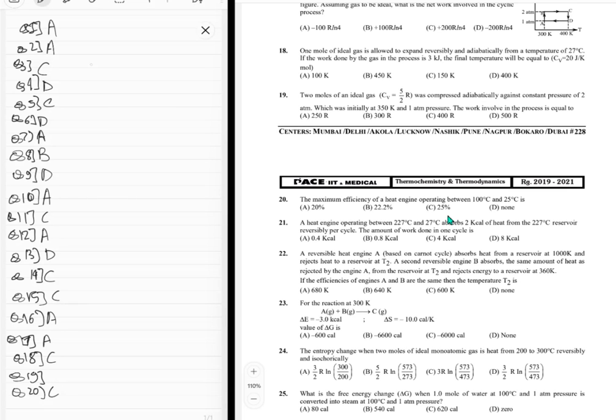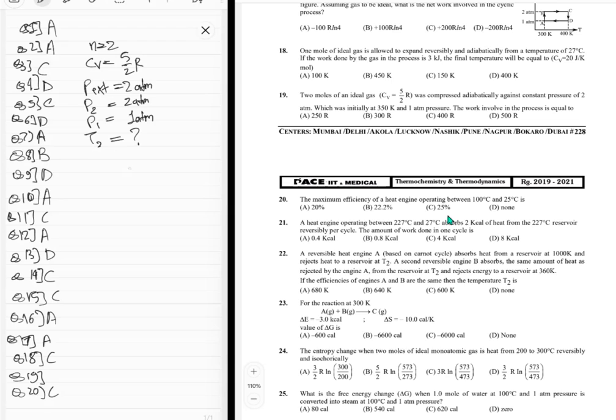Initially, you just have n equal to 2, CV is 5 upon 2R. Okay, adiabatically against constant pressure, so P external is 2 atmosphere, and that means P2 is also 2 atmosphere, and P1 they gave as 1 atmosphere.